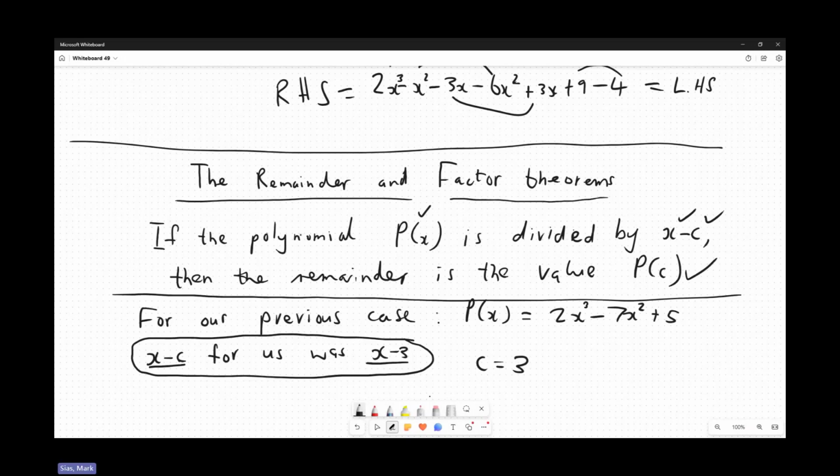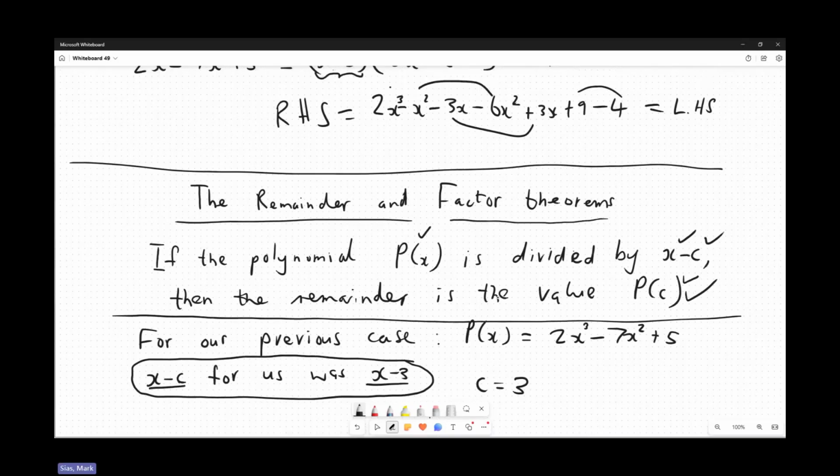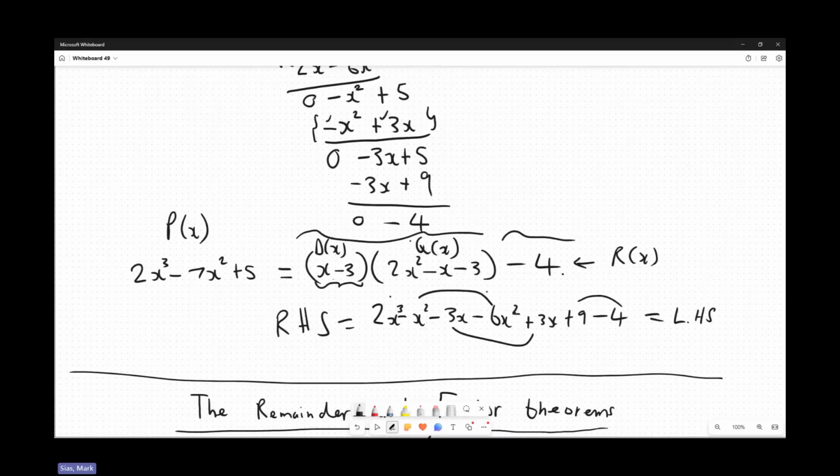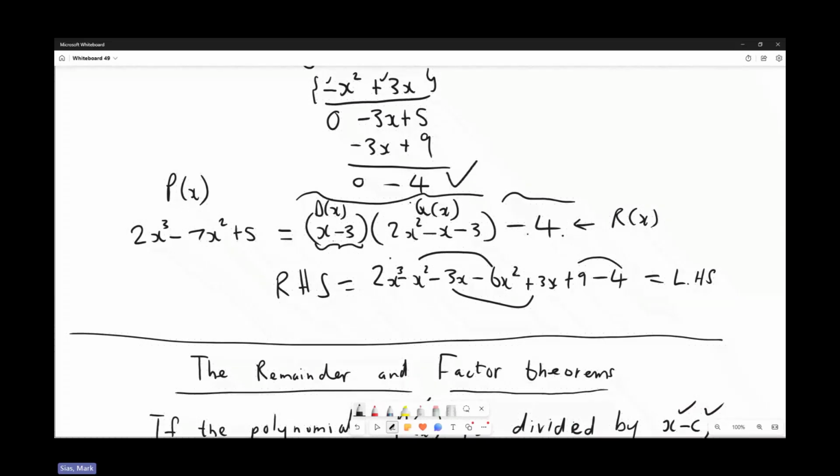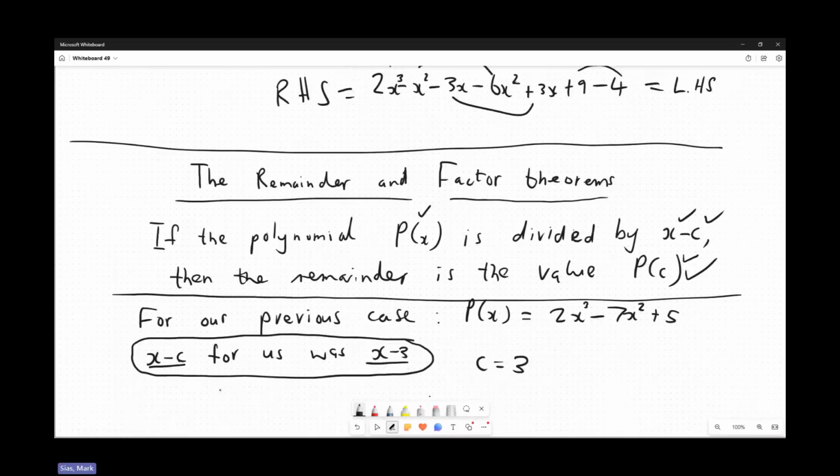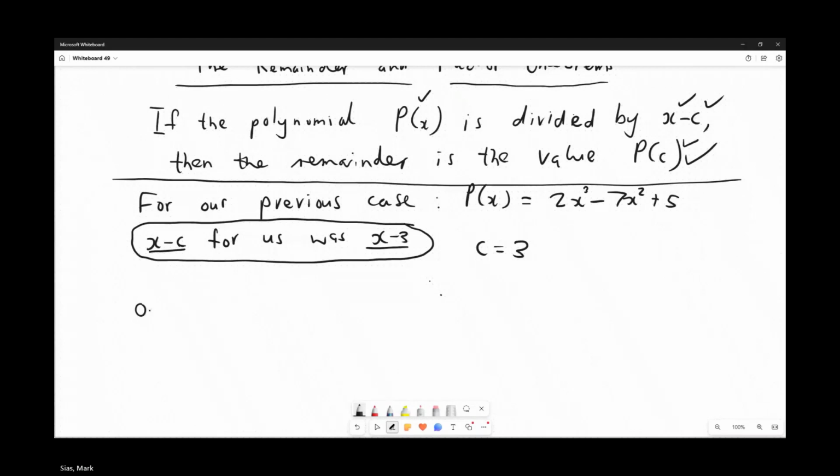They say that the remainder is the value p of c. What was our remainder? Minus 4. Good. Our remainder for the previous case, our r of x, was negative 4.